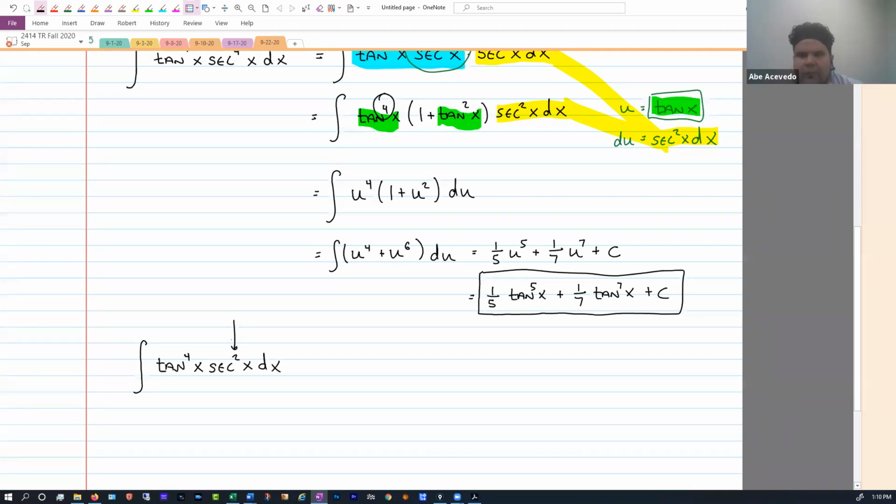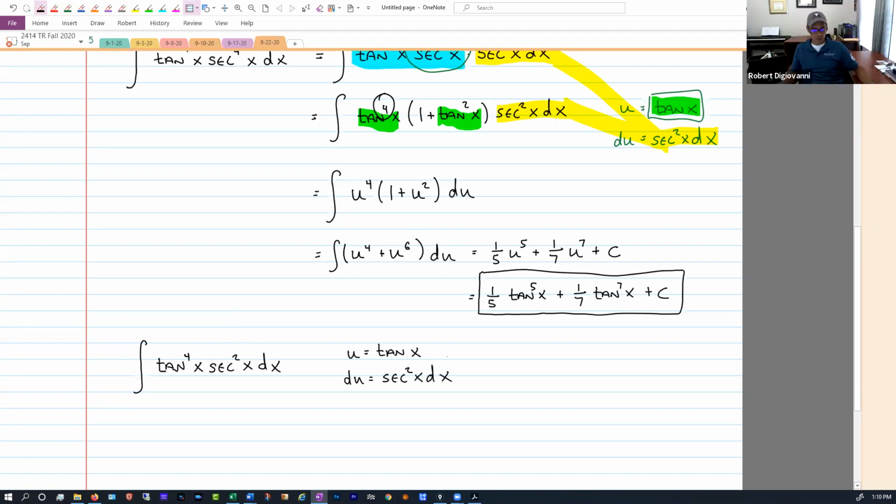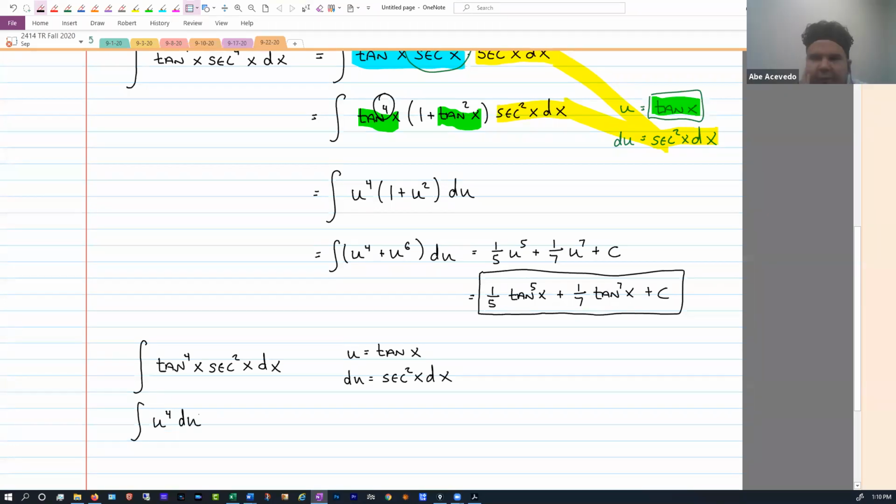Now you could still peel off a secant squared, because you have one there. But if we just take a step back, this is just basic U sub. U is tangent. The question is, do you see something in its derivative? So I see that if I let U be tangent, the derivative of that is secant squared. So I can rewrite this as U to the 4th du. And I'm there already. Does that make sense? Yeah, now it does.